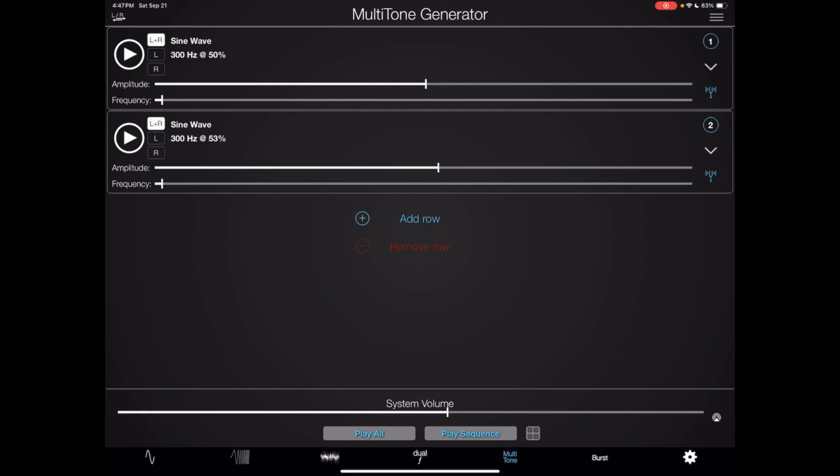So here we are with our frequency generator. We are going to generate a sine wave. So sound at 3 Hertz is going to be that kind of loud, but let's put it like this.